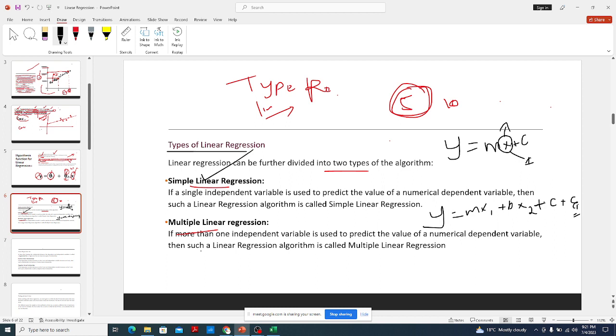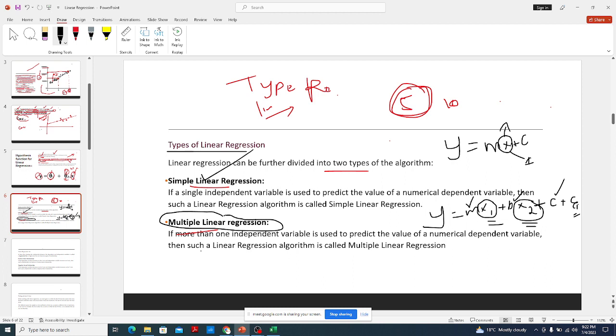So we have our first constant, our second constant, and also that constant. But for independent variables, we are having more than one independent variable. For this reason, we are talking of multiple linear regression.